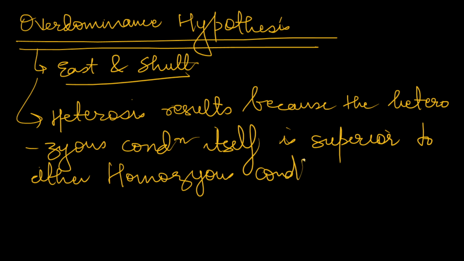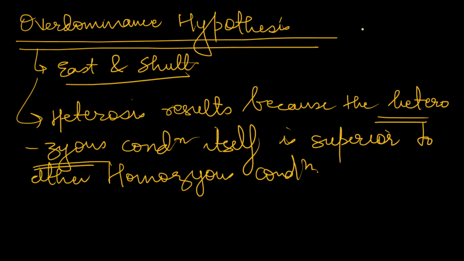As per the rule, this heterozygous condition itself is superior. We don't have to mask anything. Although masking happens in the dominance hypothesis, in the overdominance hypothesis, even if masking does not happen, it doesn't matter. The heterozygous itself is superior to either homozygous.